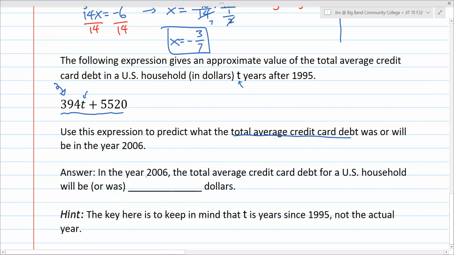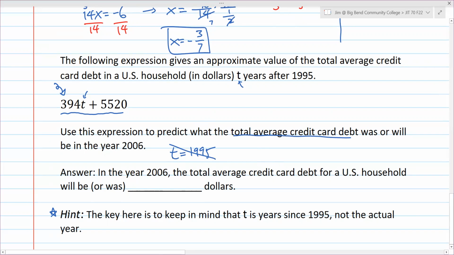So we've got to fill in the blank, and here's a hint. The key here is to keep in mind that T is years since 1995, not the actual year. So that means we have to find how many years elapse from 1995 to 2006. That's the mathematical reasoning we should work on. We're not supposed to let T be 1995.